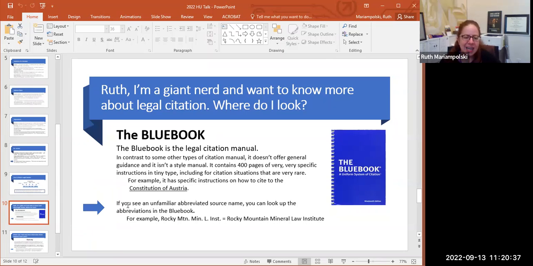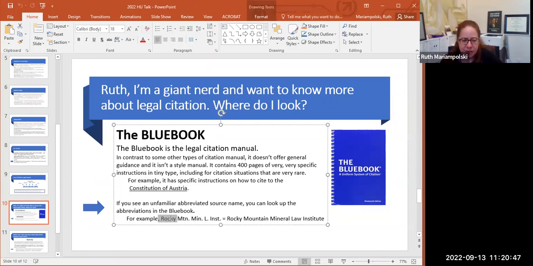So if you see an unfamiliar abbreviated source name, it's probably the number one place where you can look up the name of the publication. Here I've given an example. This series of abbreviations stands for the Rocky Mountain Mineral Law Institute. A lot of people may be reading something and want to go to the original source.